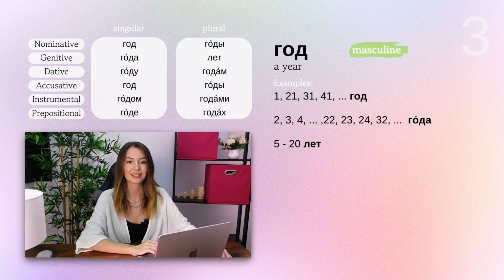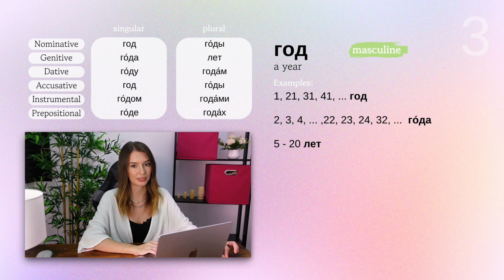The next word. Год. The voiced d at the end loses its quality and we pronounce the voiceless t. Год. Now let's look at which forms of this word we use after numbers.